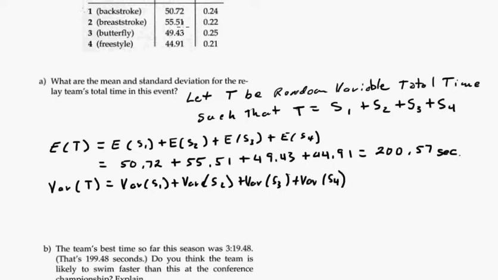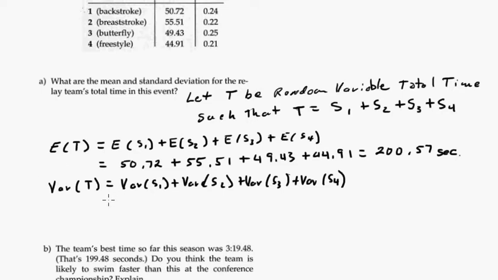But in this case, since the standard deviations are all different, the variances are all different. So don't write 4 times the variance of S. It's not one of those. We are actually going to have to plug in each value.